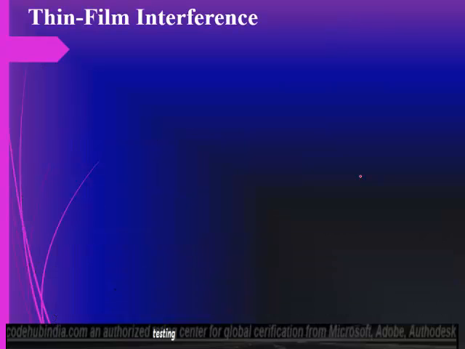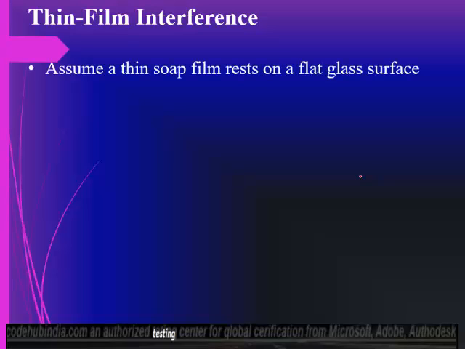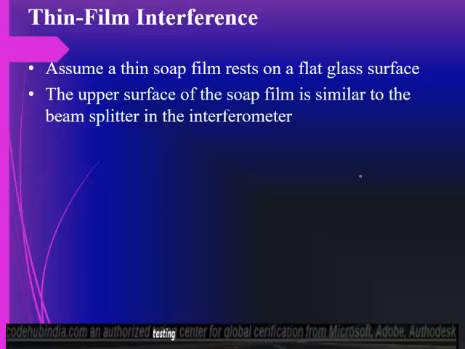So, thin film interference. What is thin? Say a thin soap film rests on the float glass. What happened? The upper surface of the soap film is similar to the beam splitter in the interferometer. The upper surface acts like a splitter.